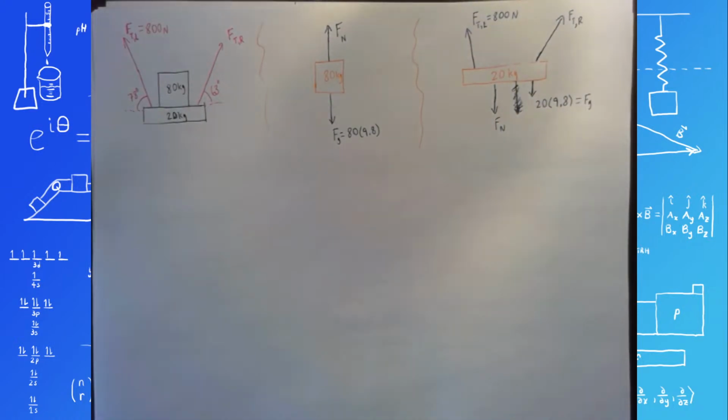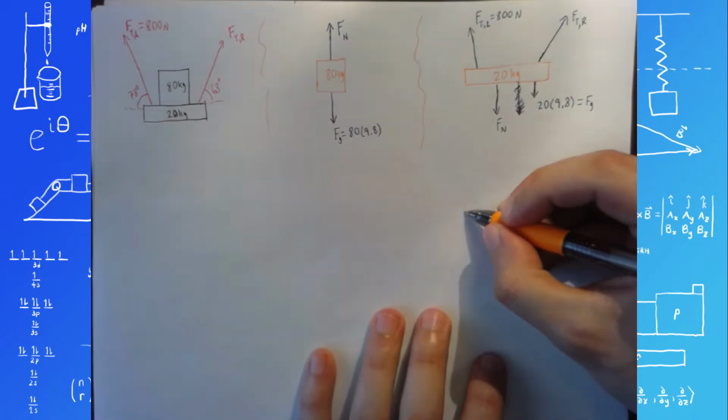Okay, there we go. Now we have our diagrams. Now let's break down our two angled forces into components. So force of tension right, I will draw a separate diagram for this.